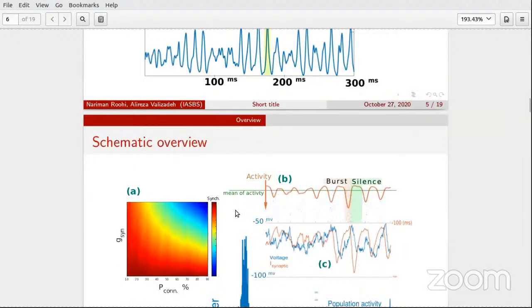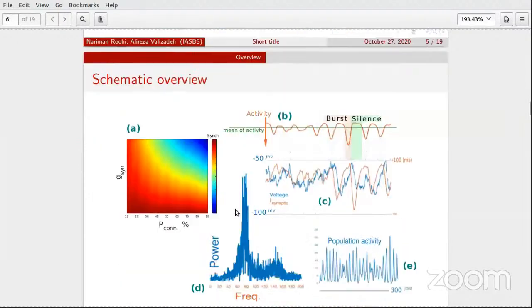So based on the previous slide, our viewpoint is to split the network activity into two intermittent time intervals, the burst period and silence period. As you can see, burst period is over average activity time interval and vice versa silence period.